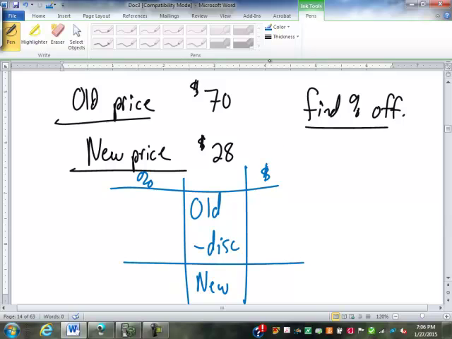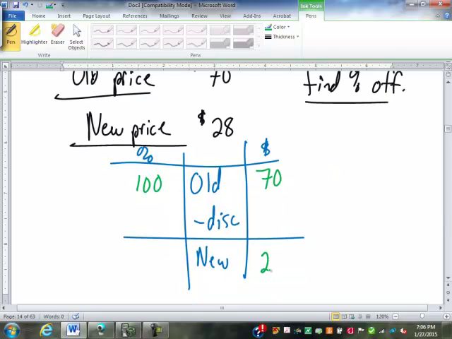Percent and dollars again. We know, well, on the percent, it looks like we know nothing, but we do know the old price is 100%. On the other side, the old price and the dollar amount of the old price is 70. Where's the 28 go? The new price.